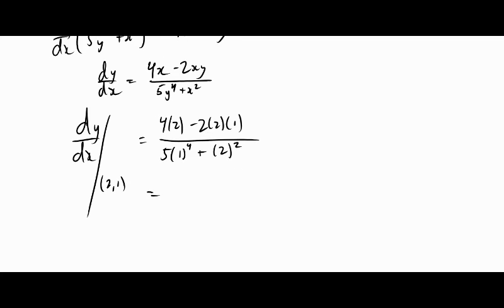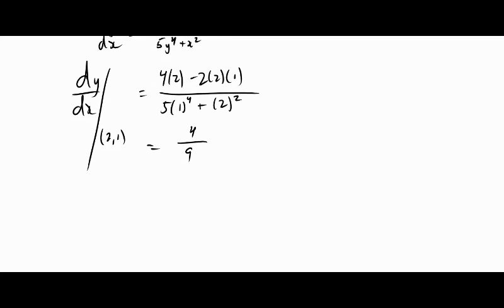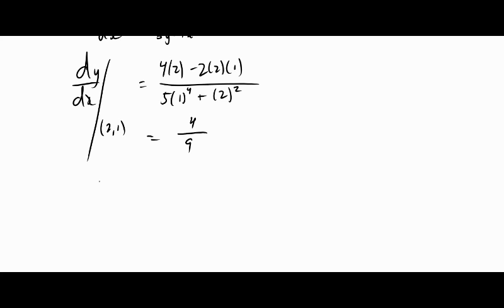Eight minus 4 is 4 on top. And that's 5 plus 4 on the bottom, so 9 on the bottom. So slope of the tangent is 4 over 9.